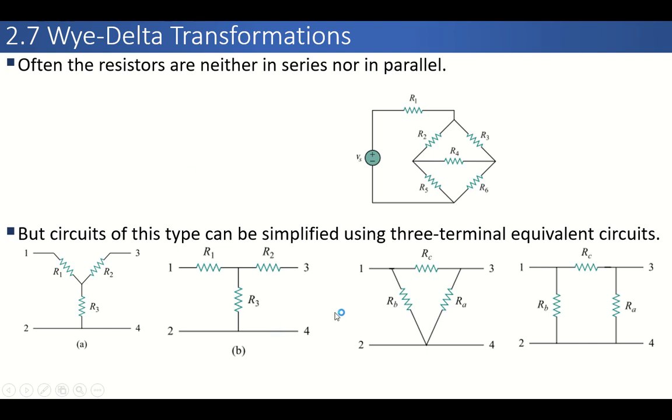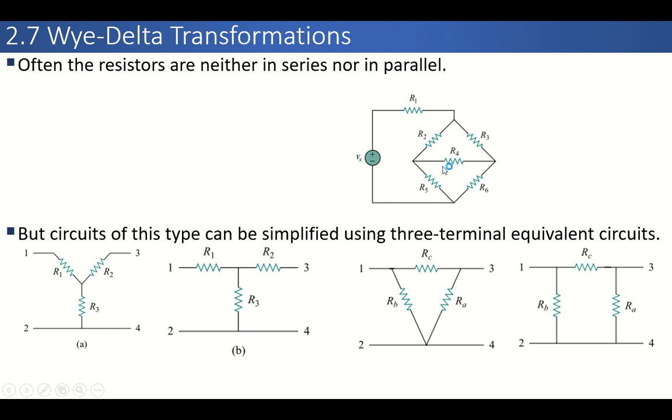So remember that Y-delta transformation means that if we see a Y-shaped network in a given circuit, we can convert that network into its equivalent delta network. Or if we see a delta network in a given circuit, we can convert that delta network into its equivalent Y network.